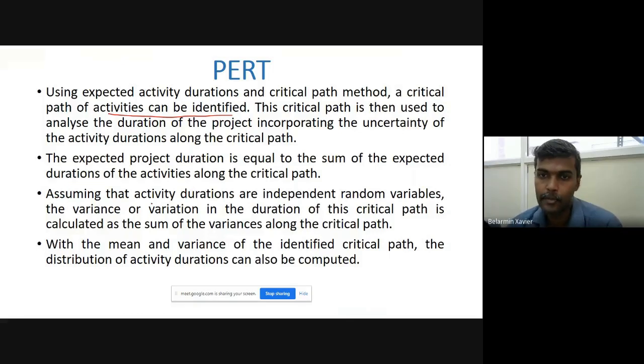Assuming that activity durations are independent random variables, the variance or variation in the duration of this critical path is calculated as a sum of the variance along the critical path, which gives the mean and variance of the identified critical path. The distribution of activity duration can also be computed.